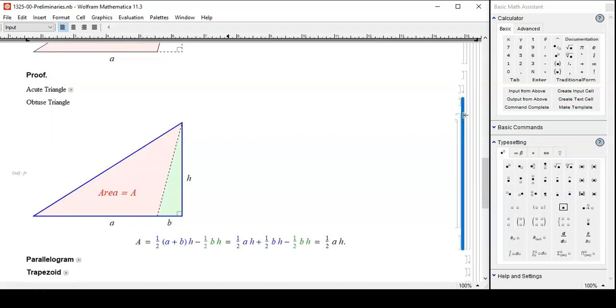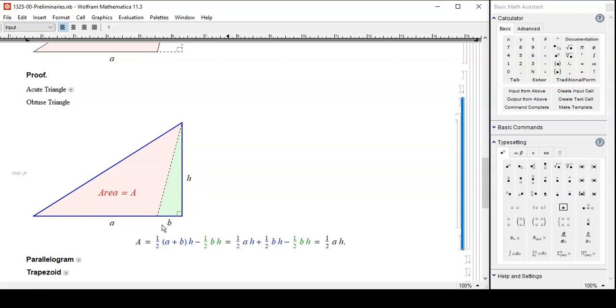For obtuse triangle, it's kind of similar. I'm looking for this pink one. If you go with this right triangle here, then you'll see that 1/2 (A plus B) times H will be this area.